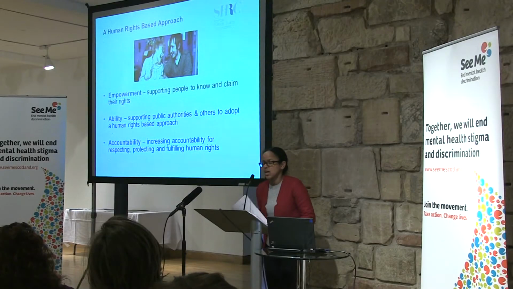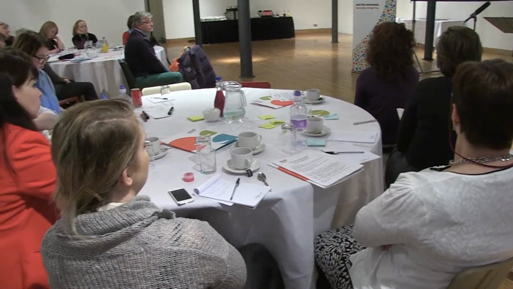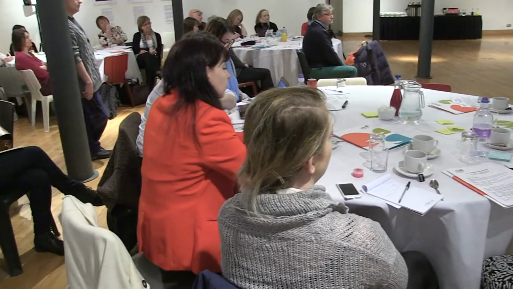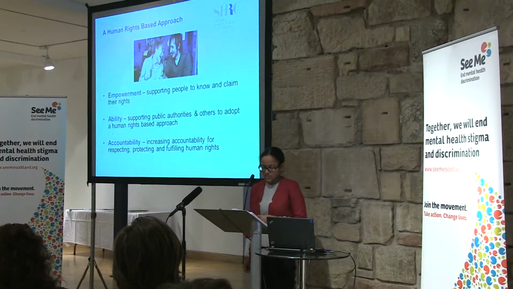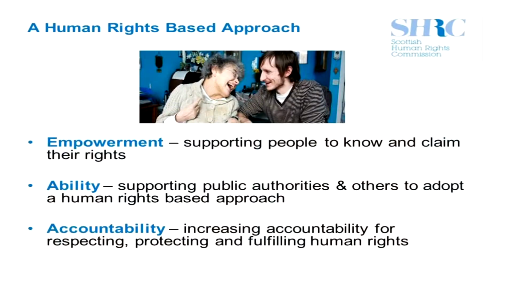In essence, a human rights-based approach is about putting human rights considerations at the centre of all policies and practices. It's about really grounding things in human rights. Internationally, the UN system has adopted a common understanding of what a human rights-based approach is, and it focuses on these three core pillars. So the first one is about empowerment of people whose rights are affected to know about their rights and to claim them.